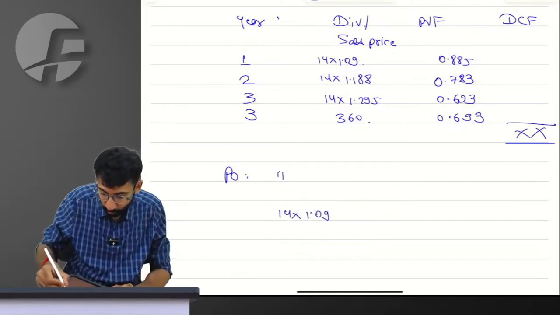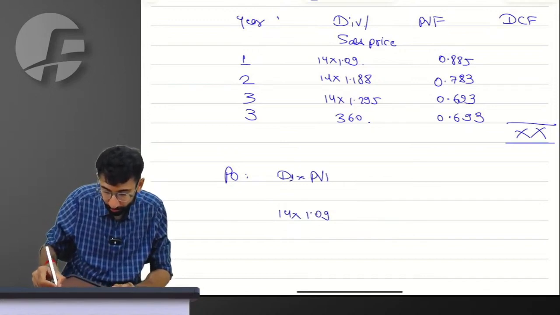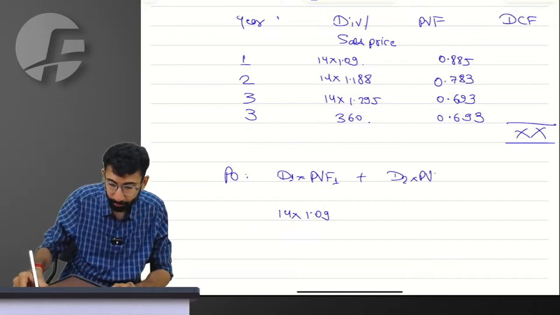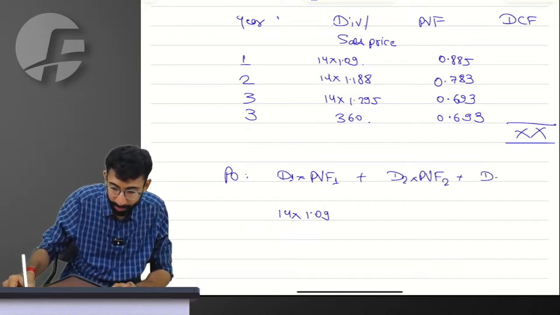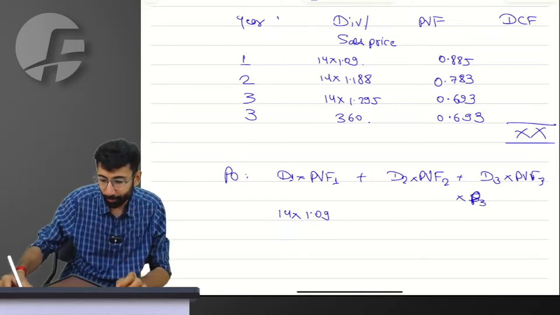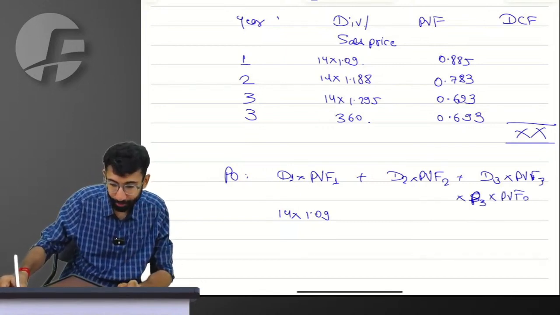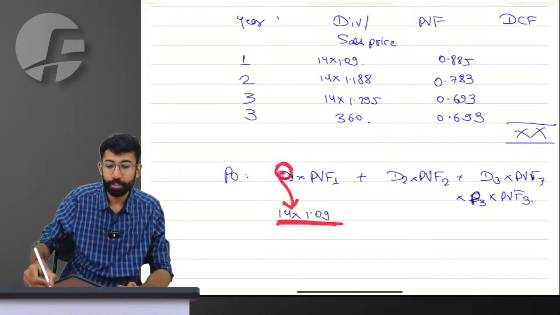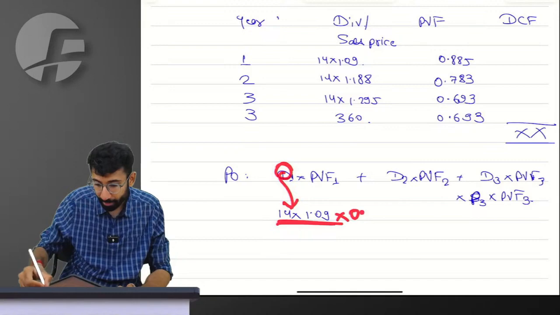Do you agree P0 will be D1 into present value factor of first year plus D2 into present value factor of 2 years plus D3 into present value factor of 3 years plus P3, the sales price at the end of third year, into present value factor of third year. Now, what will be D1? D1 will be 14 into 1.09 with growth, multiplied by 0.885.